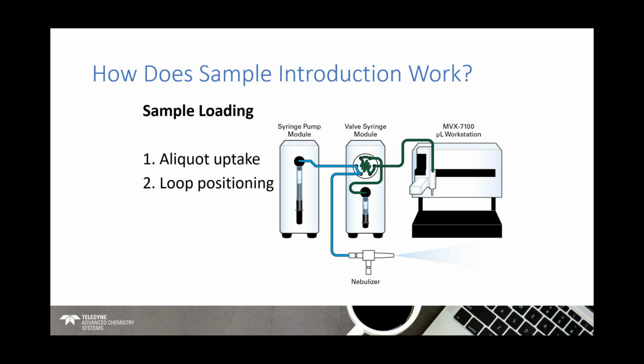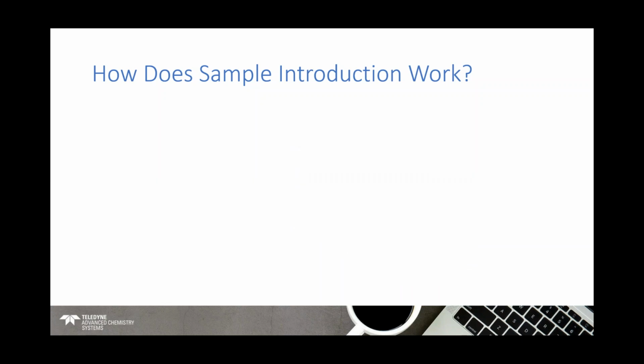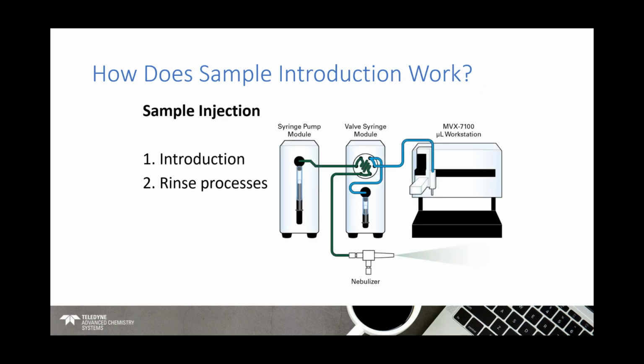By action of that short syringe on the valve syringe module, it can pull the sample up, shown on that green line, and onto the sample loop, which is shown on the 6-port valve. When the sample is on that 6-port loop, the 6-port switching valve will switch, and we move on to the next step, which is the sample injection.